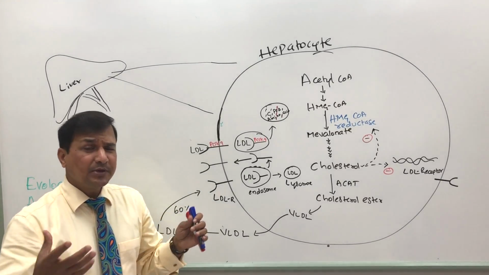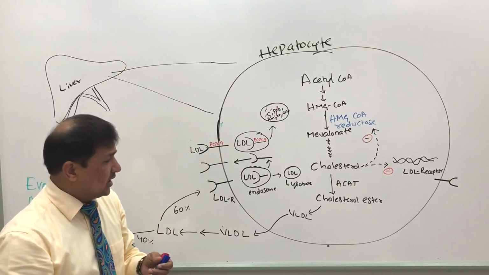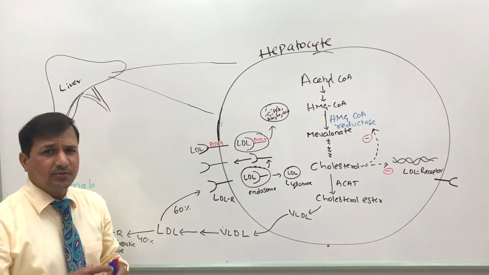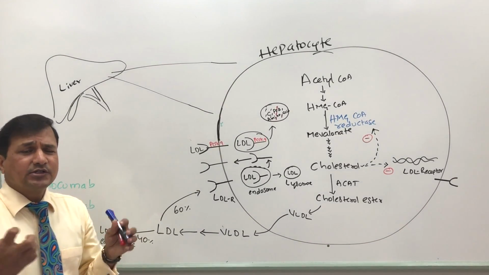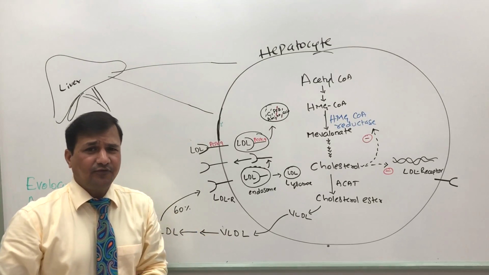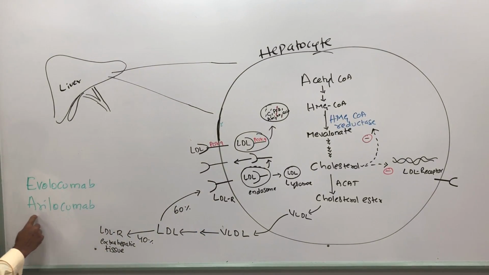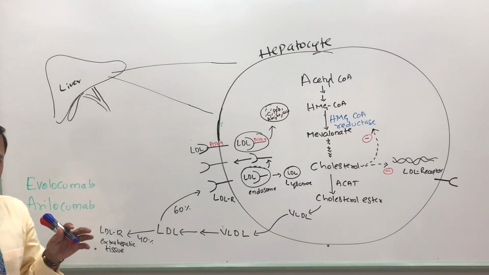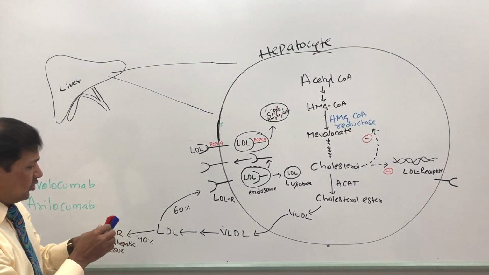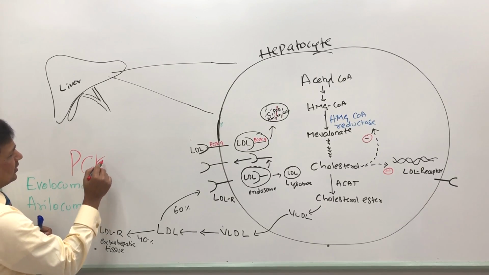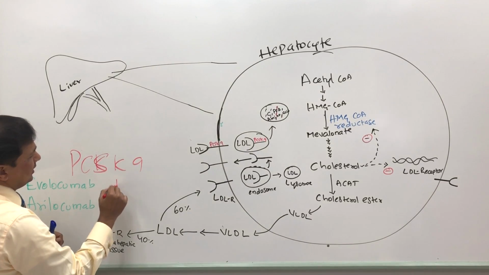So what do PCSK9 inhibitors do? Most commonly available PCSK9 inhibitors which have been approved by the FDA now, there are two of them: evolocumab and alirocumab. These are monoclonal antibodies, referred to as PCSK9 inhibitors.